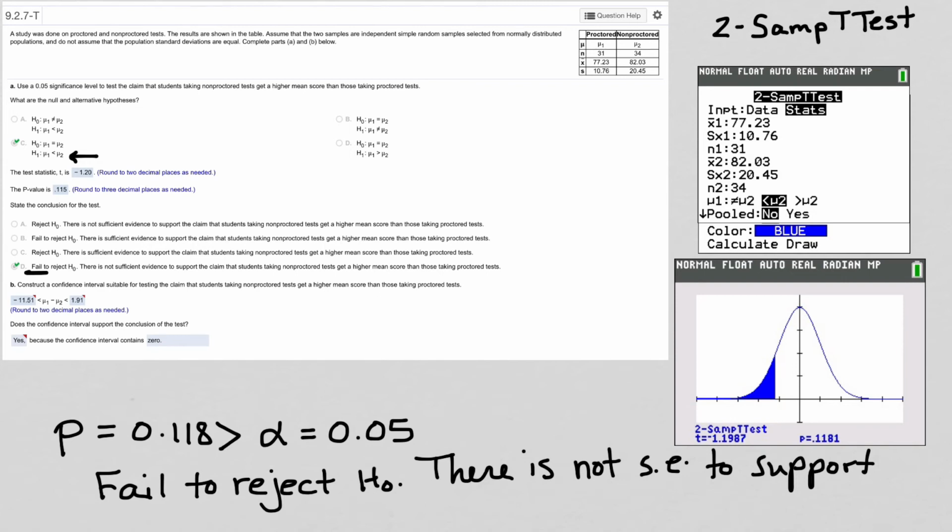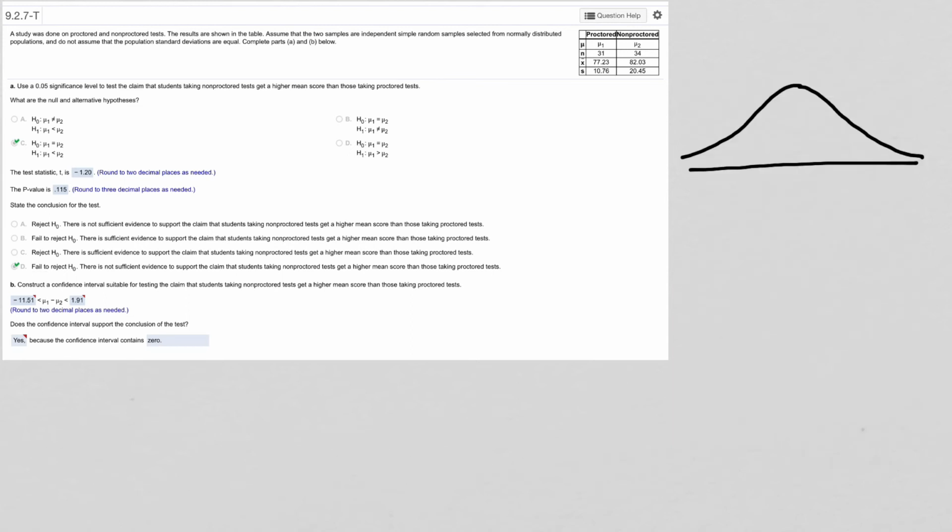And now we want to construct a confidence interval suitable for testing this claim. So here's where we have to take a look at our confidence or our significance level. Okay, so I've drawn the normal distribution. And it's actually the t distribution because we're doing a t-test, but they look pretty much the same anyhow. And I have 5% in the left-hand tail because this was a left tail test, and so my significance level is the area in the left-hand tail.